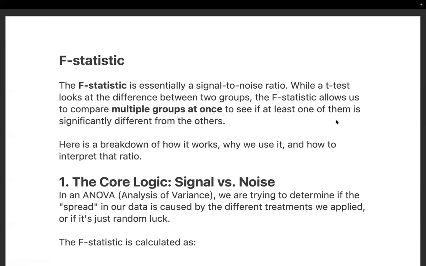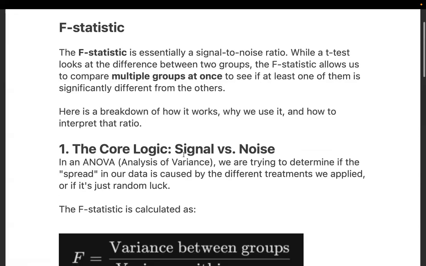So let's see the breakdown of how it works, why we use it, and how to interpret it. It's a ratio. The core logic is signal versus noise. We want to get a good signal and suppress the noise.